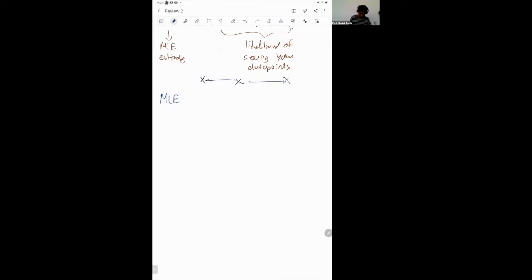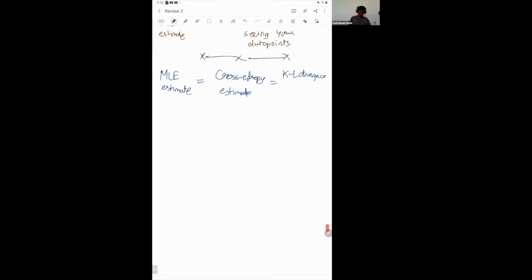What I'm claiming is that the MLE estimate is the same as the cross entropy estimate, and this is the same as KL divergence. Optimizing all three of these leads us to the same parameters theta.